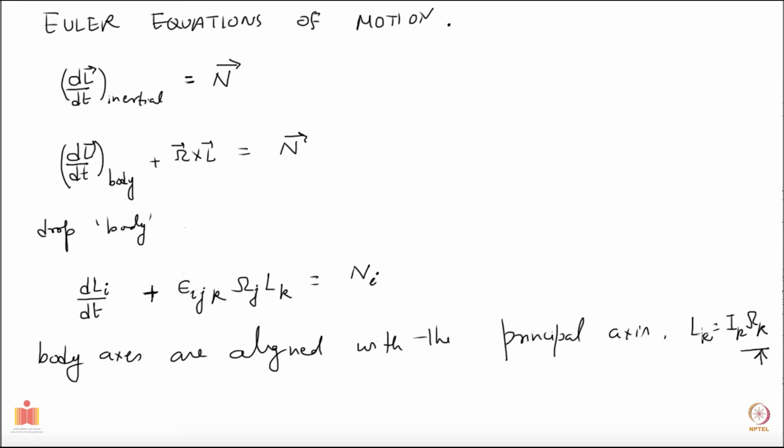K is a free index. Look on the left side, k is free, so there is no summation implied here, even though they are repeated.